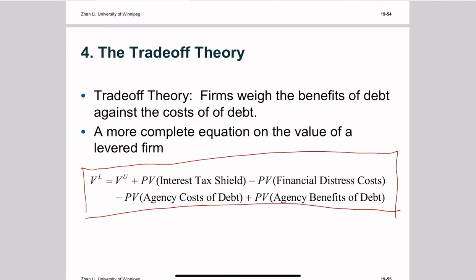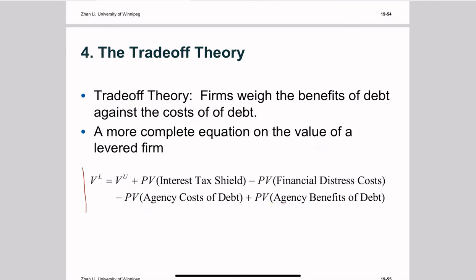Essentially, you can see that the first part is the value increase from interest tax shield. And we discussed this in the last chapter under both corporate taxes and personal taxes. Right?